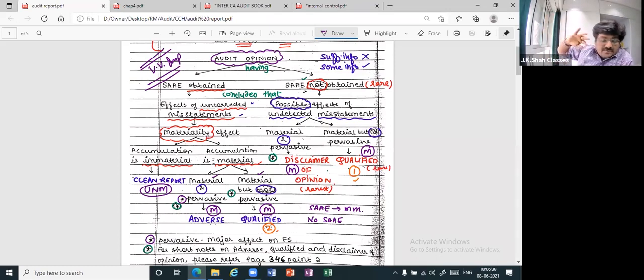Whatever misstatements you have not detected, you may think that possibly it can be material and pervasive, or it can be material but not pervasive. If it is material but not pervasive, qualified. Always remember, whenever it is material but not pervasive, it is always qualified. Then material and pervasive, disclaimer of opinion. Is this okay? So qualified was issued under how many situations? 2 situations. Correct. On the other hand, modified is given when say is not obtained and when there are material misstatements.